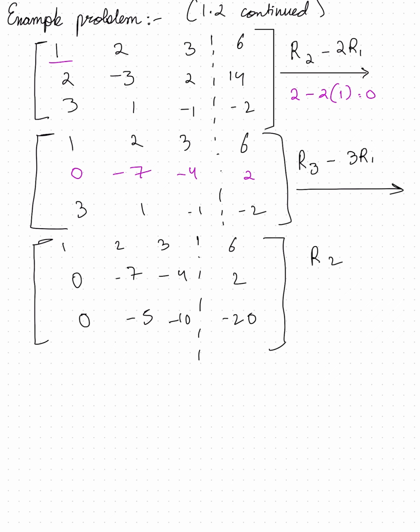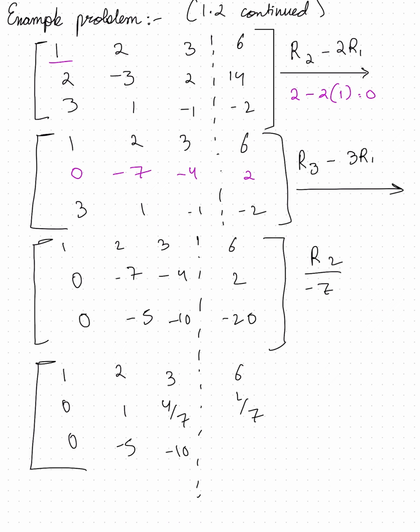Row 2 divided by -7 is going to give us 0, 1, 4/7, 2/7. The last row is going to be the same.